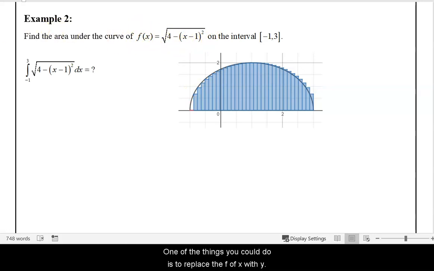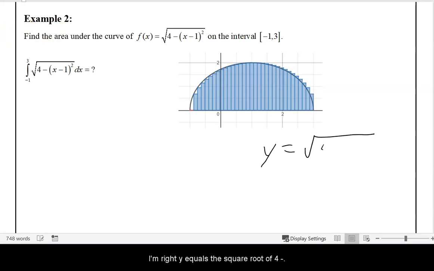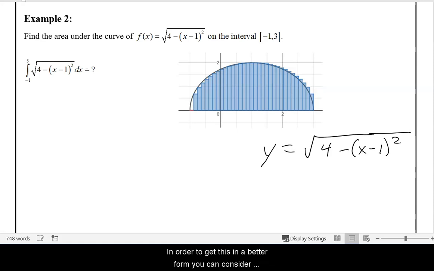One of the things you could do is to replace the f of x with y and write y equals the square root of 4 minus the x minus 1, the quantity, squared. In order to get this in a better form, you could consider squaring both sides.